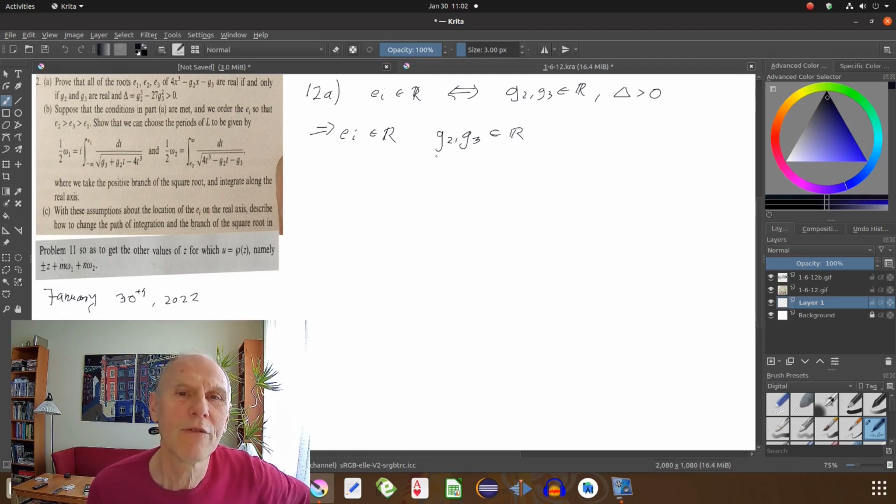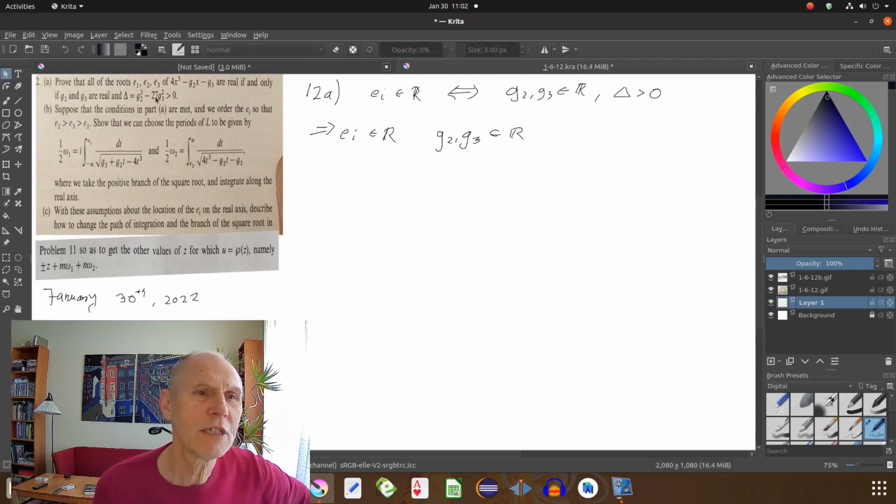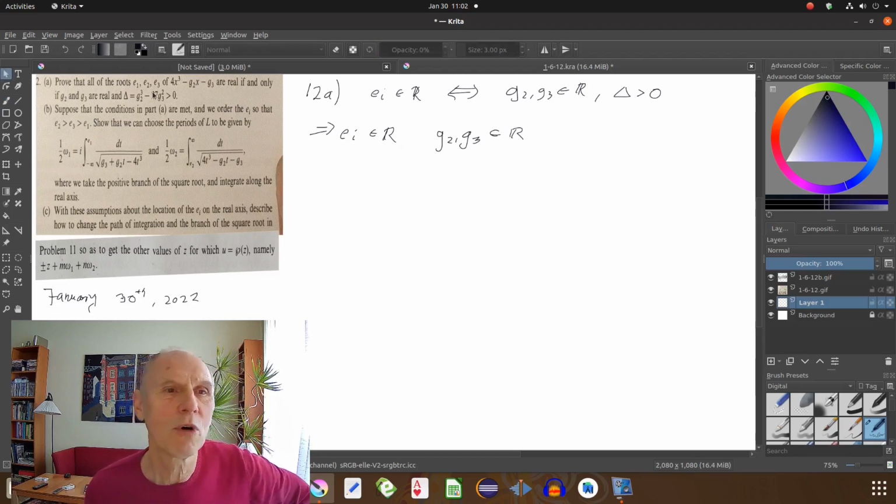Now, what do we have? There are three ways to go about it I know of. The one is trying to solve the equation that this vanishes, and there are two ways to do that. One is Cardano's original idea, writing x, the solution, as the sum of two variables.